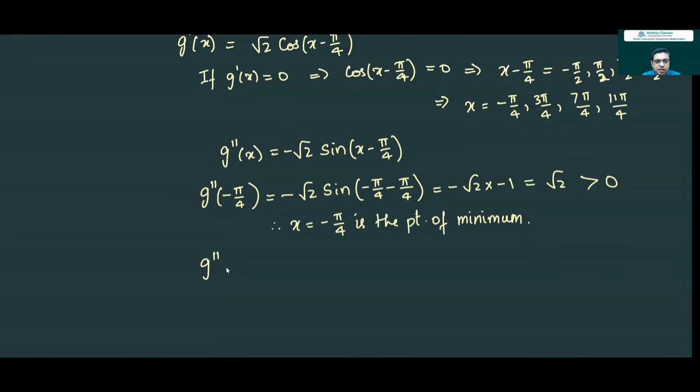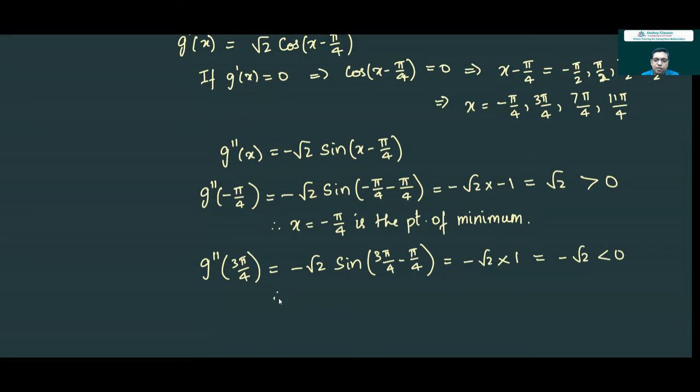All right. Now second derivative at 3 pi by 4 is minus root 2 sine of 3 pi by 4 minus pi by 4, that gives us pi by 2, and sine pi by 2 is 1, so minus root 2. Therefore x equal to 3 pi by 4 is the point of maximum.